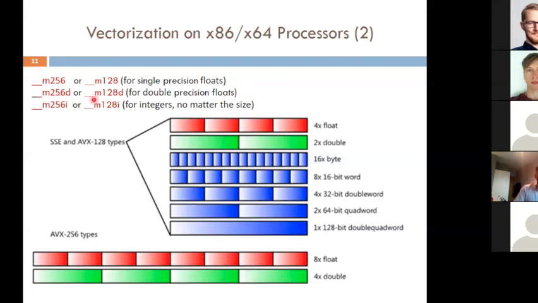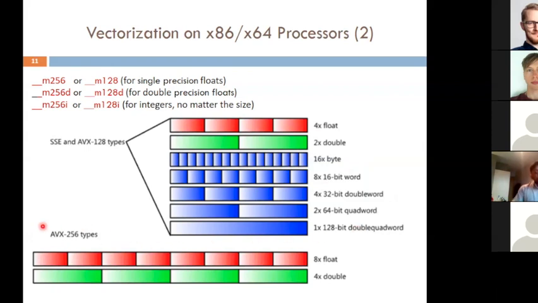D is double, I is integer, so we can initialize integer, double and float. So the SSE 128-bit wide register, as I have already mentioned, can deal with four floats, two doubles, and then the 128-bit wide register can deal with 16-bit words, 32-bit double words, and two 64-bit quad words, and so on.